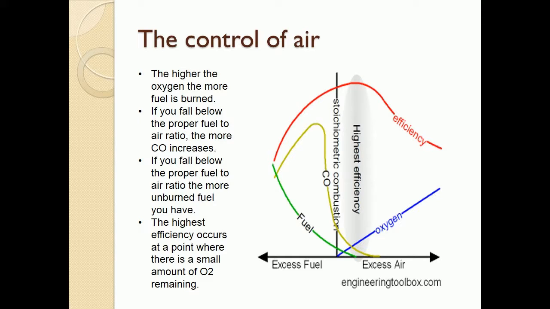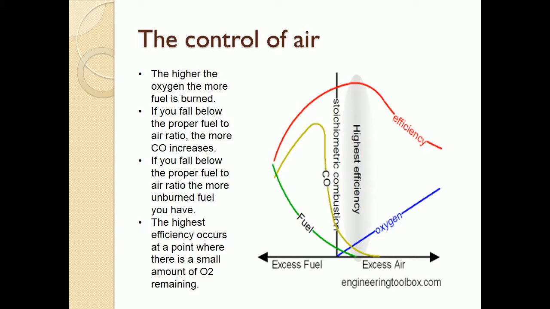The higher the oxygen, the more fuel can be burned. If you fall below the proper fuel to air ratio, the more CO increases. If you fall below the proper fuel to air ratio, the more unburned fuel you have.